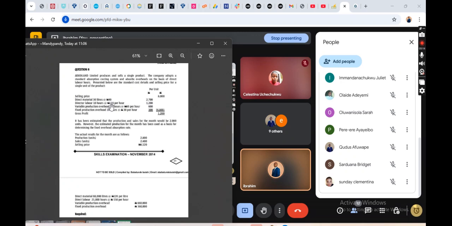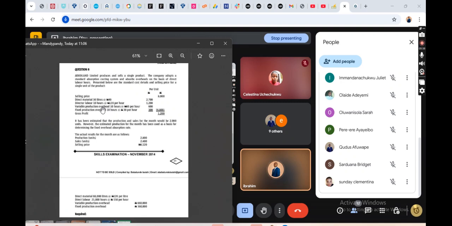Now, the standard cost is 30 liters, for instance, times 90 is 2,700. That 2,700 is the standard material cost per unit. That is the standard cost. It is a predetermined unit cost.